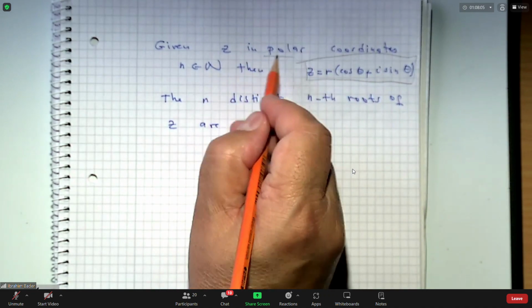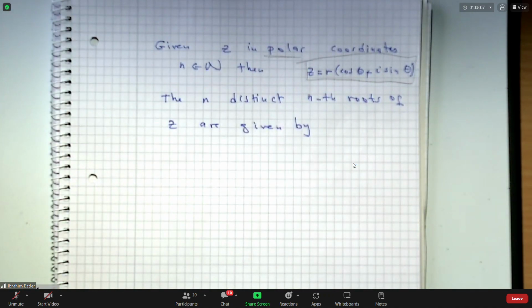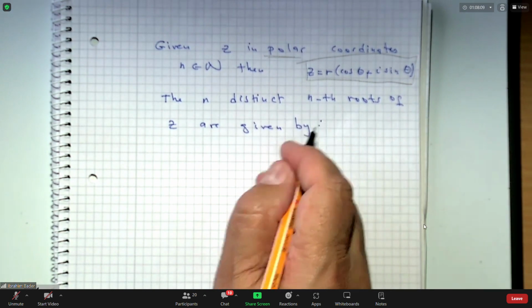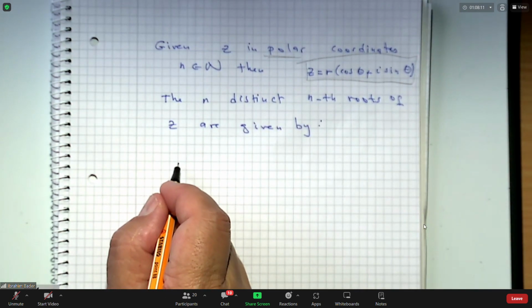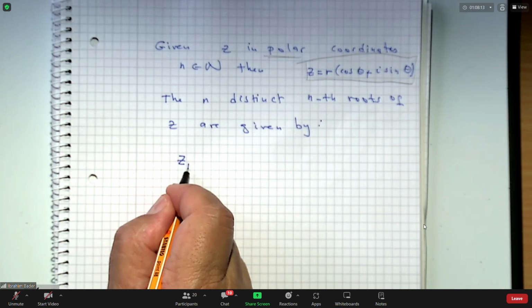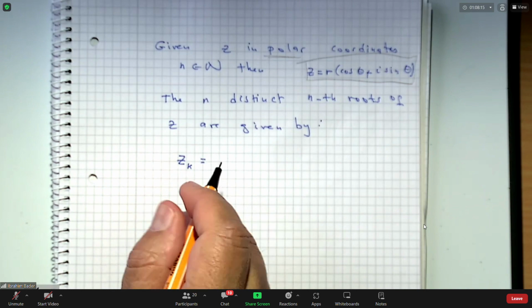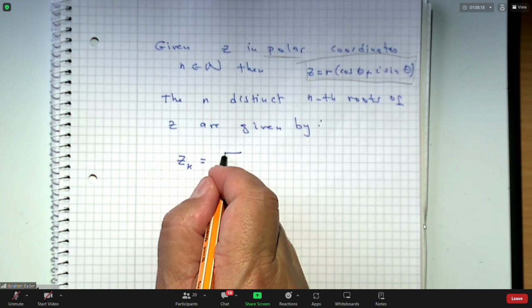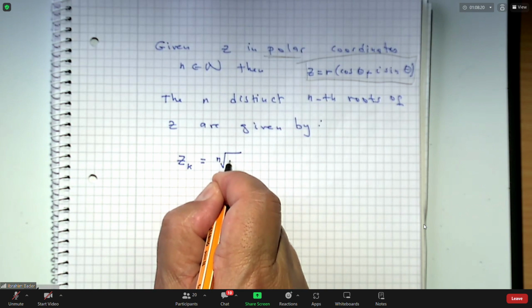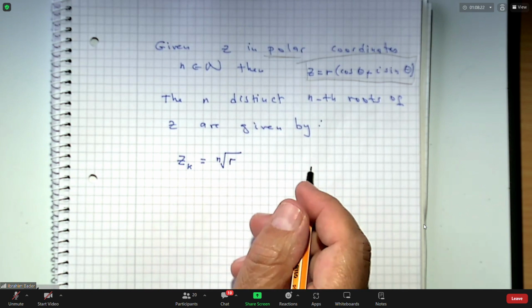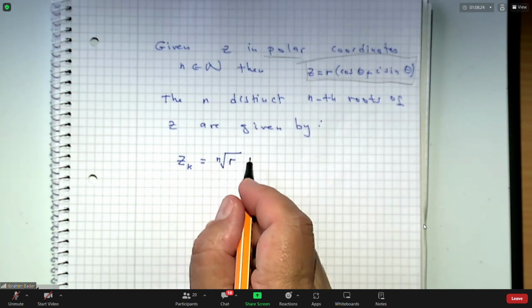This is the meaning of polar coordinates. Okay, so the roots are given by, I will call them z sub k. Here, of course, I take the nth root of r. This is no problem because r is a real number.